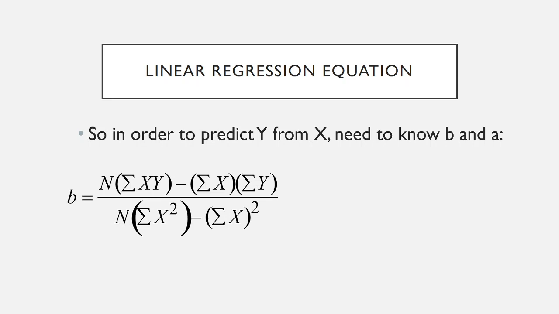As with other formulas we've seen, the formula for slope might seem daunting at first, but it's nothing we haven't seen before. A lot of this notation carries over from the computation of your Pearson's R. Regression is both conceptually and numerically related to correlation, so a lot of the terms are the same.